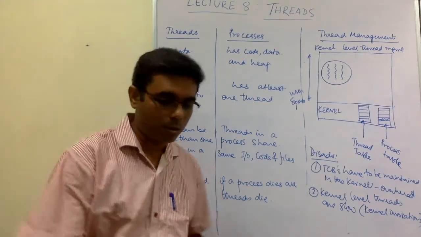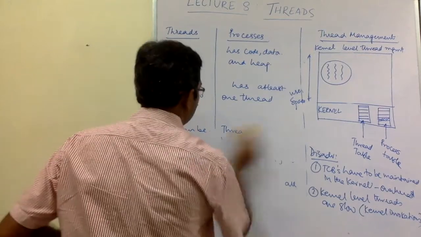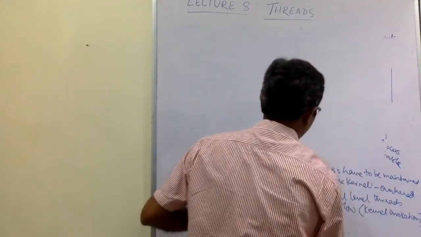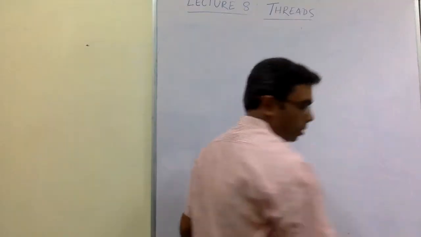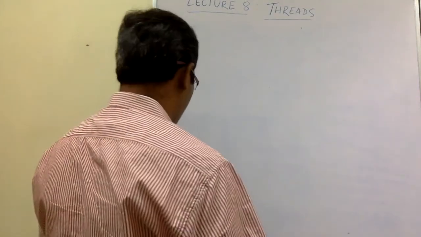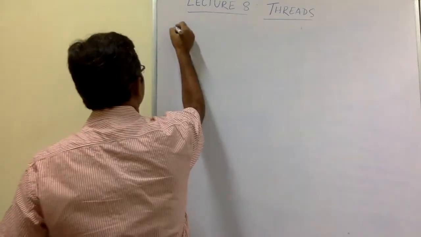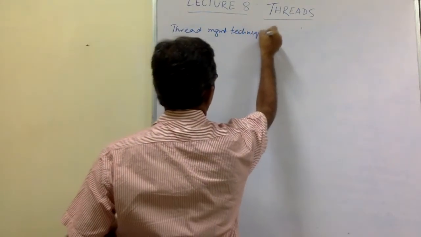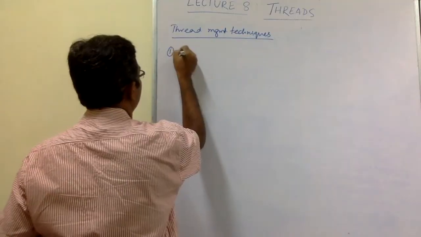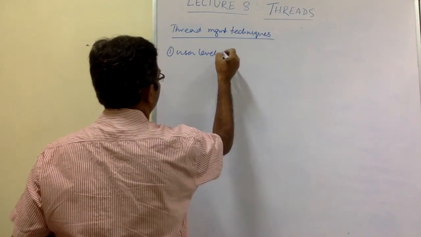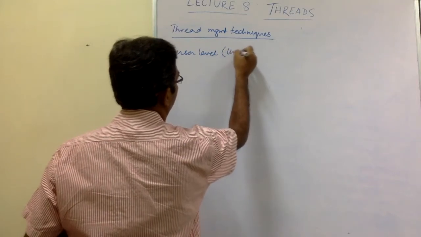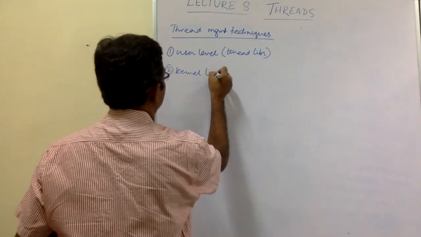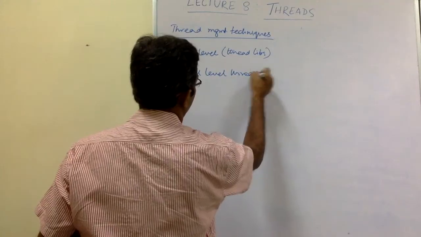So we found there are two thread management techniques: user level thread management using thread libraries, or kernel level threads supported by the kernel.